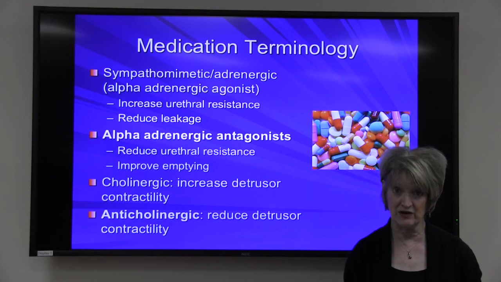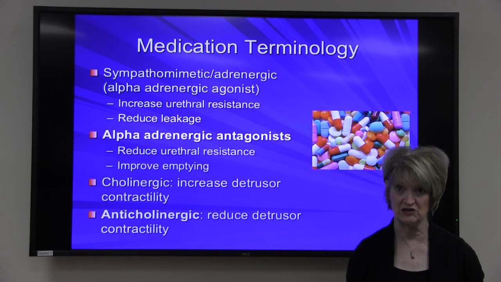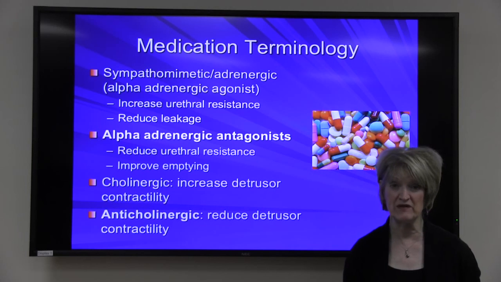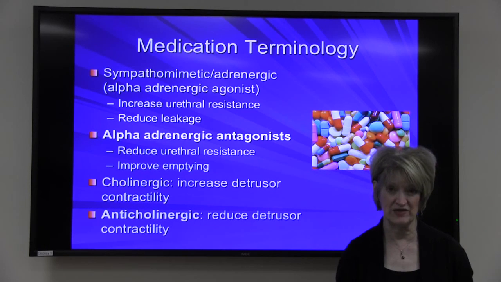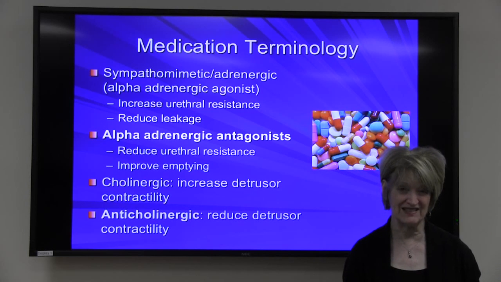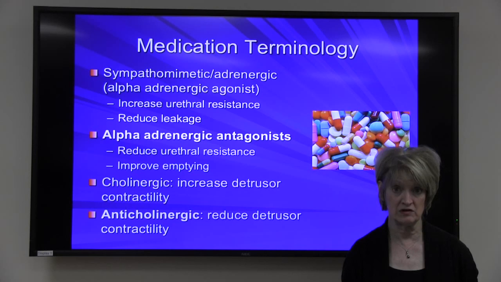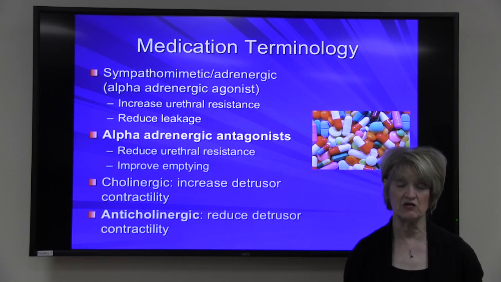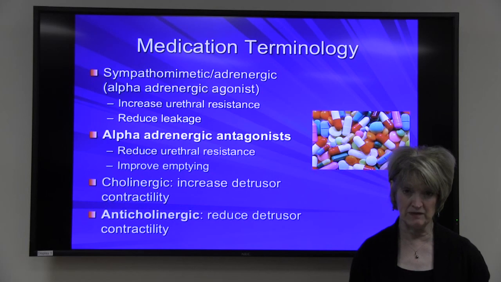Tightening of the bladder neck, reduced leakage, right? So that would be beneficial for people who tended to leak with activity. Why is it not in bold? Because at this time we do not have any medications that are FDA approved for management of stress incontinence, urinary leakage with activity. So theoretically, that could be beneficial. At this point in time, it's not a realistic option.